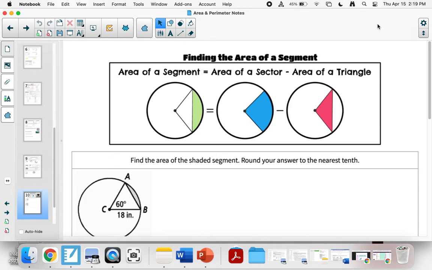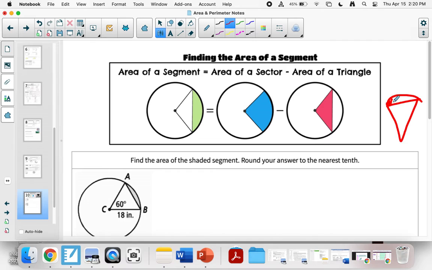So what we're doing is finding the area of a segment. The way I like to think about it, if you have a piece of pizza, the segment is like the crust of the pizza. That's my artist drawing. So what we're finding today is just the crust.